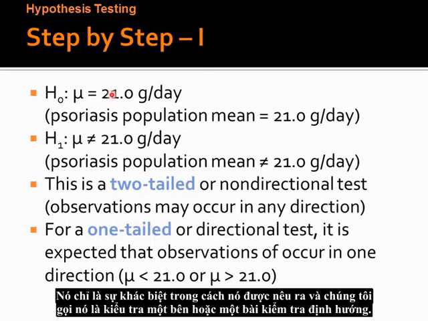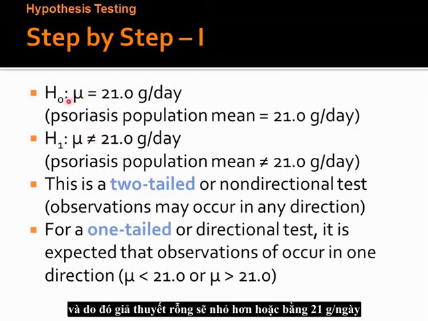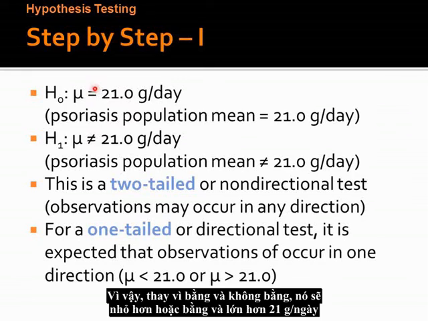It's not very different, it's just a difference in the way that it's stated, and we call it a one-tailed or a directional test. So in that case, the alternative hypothesis means we are expecting it to be much greater, so it will be mu is greater than 21 grams per day, and the null hypothesis then would be mu is less than or equal to 21 grams per day.